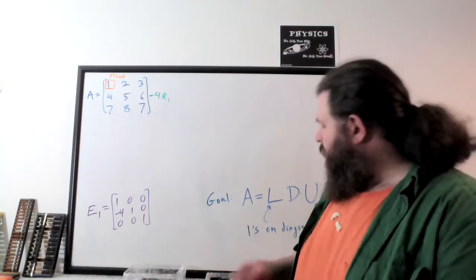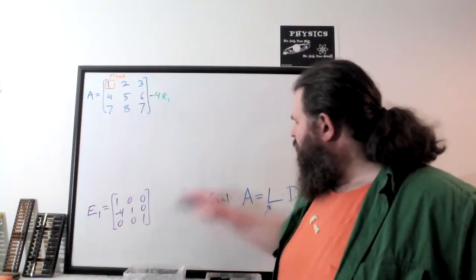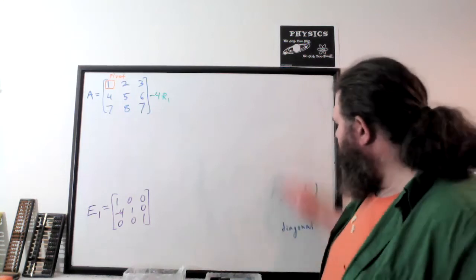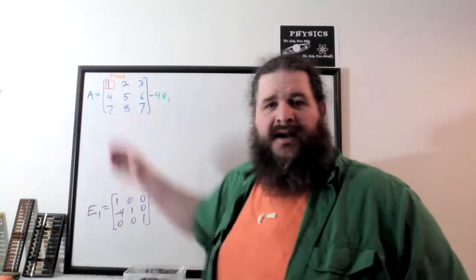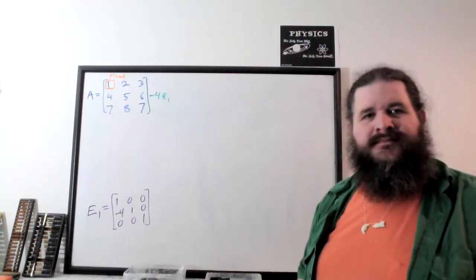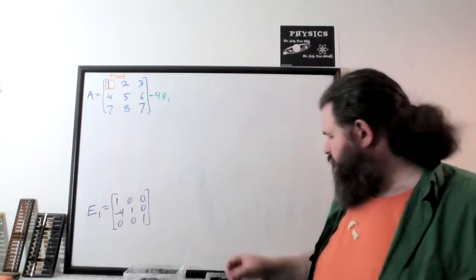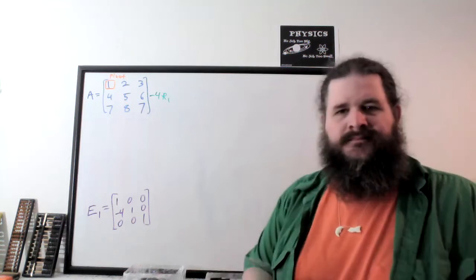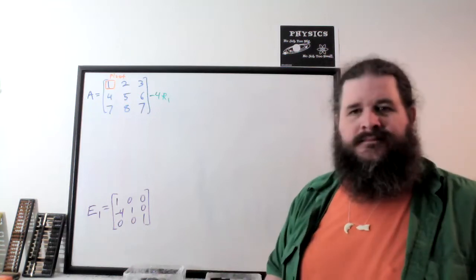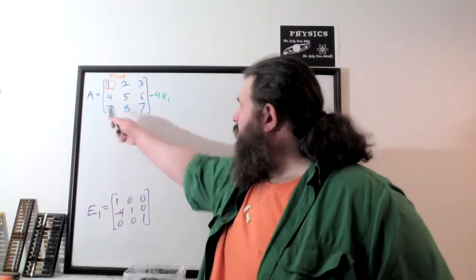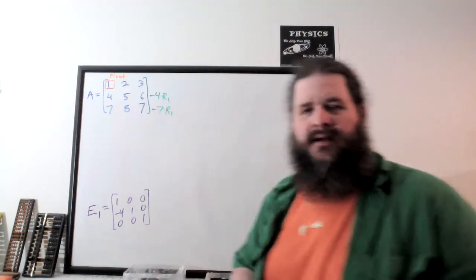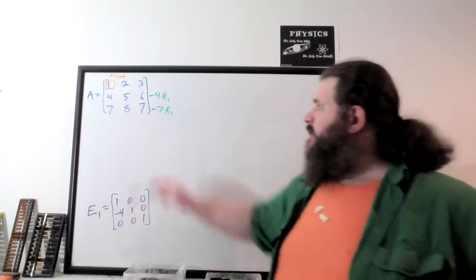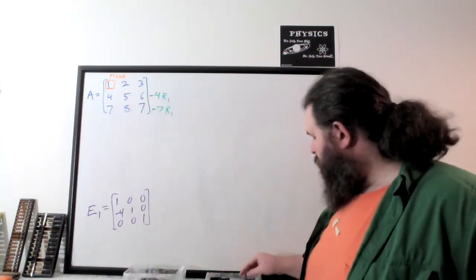And let's see what the next operation would be. And we can kind of combine these into one step, because in our next operation, we also want to use this 1 to cancel out what else? Yeah, we want to get rid of this 7. So let's also subtract 7 times row 1 from row 3. That way we can cancel out both of these in one step.